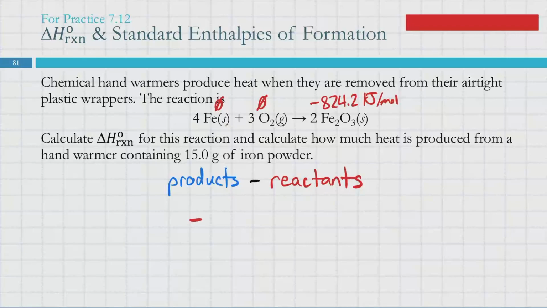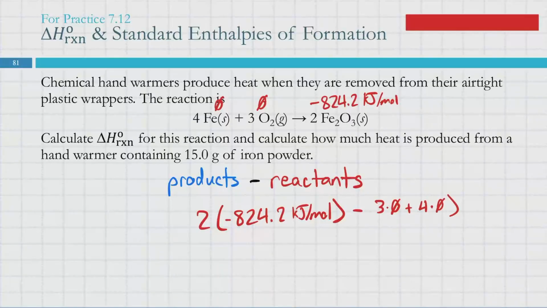So it's negative 2 times negative 824.2 kilojoules per mole minus the values for our reactants, 3 times 0 and 4 times 0, which hopefully we know is going to be 0.